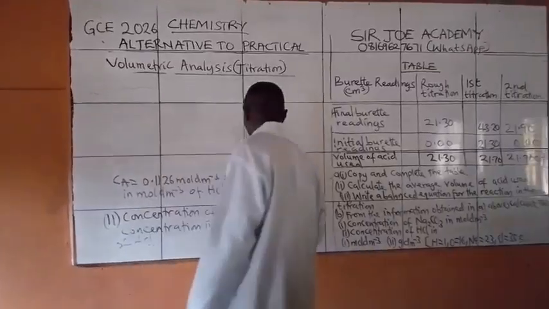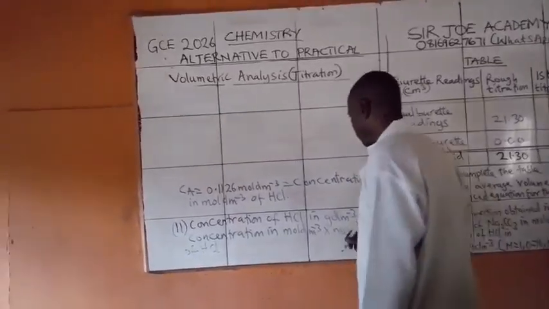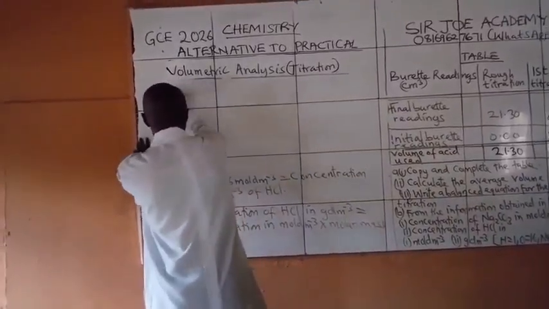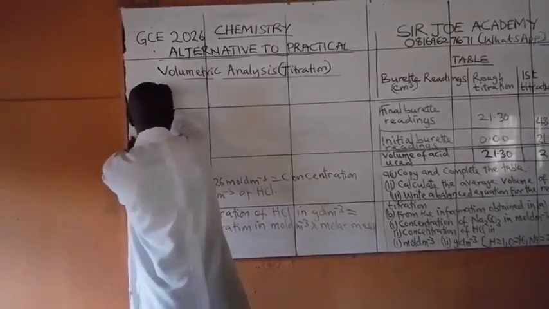Now the concentration in mole per dm cube of HCl is, so we substitute now.